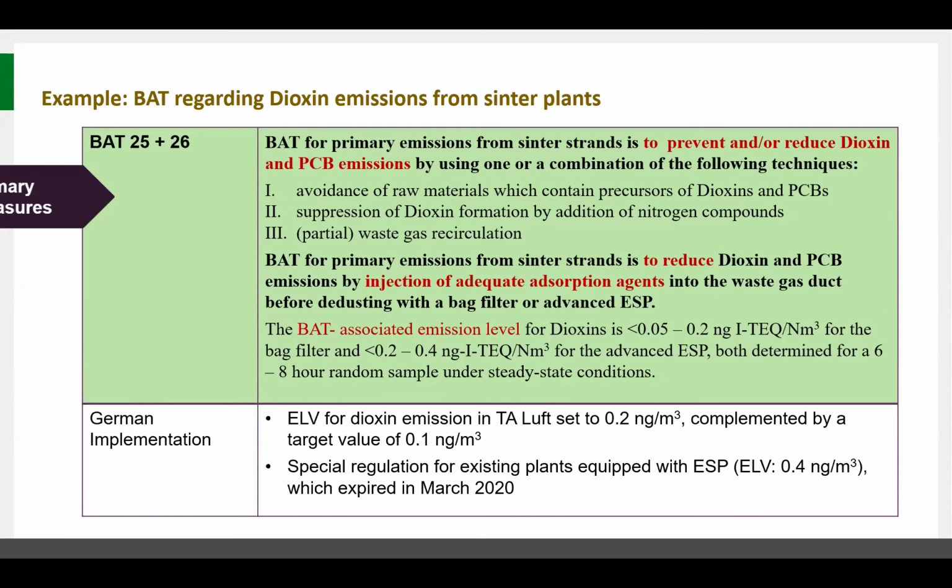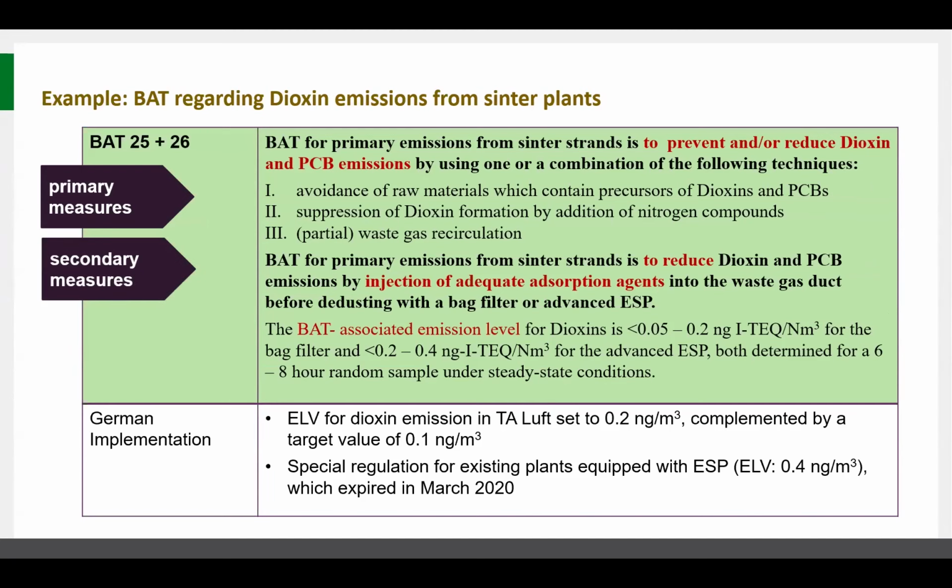So here you see the BAT conclusion for the related dioxin emissions, and I would like to highlight here in the conclusions we have three elements. First, the primary measures, how to avoid the creation of dioxin.